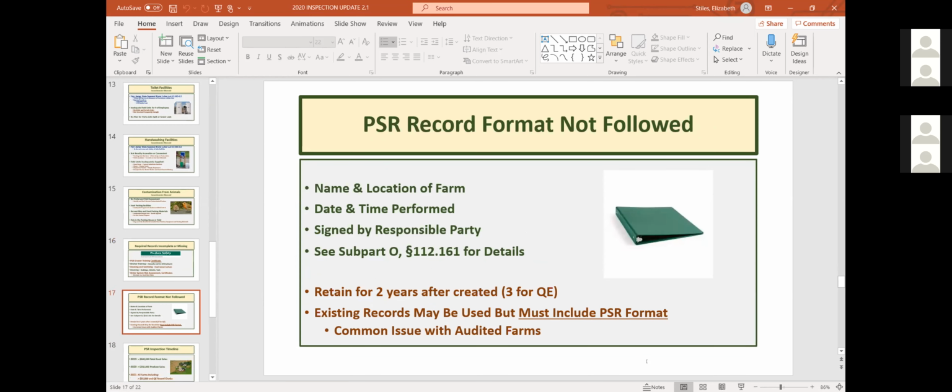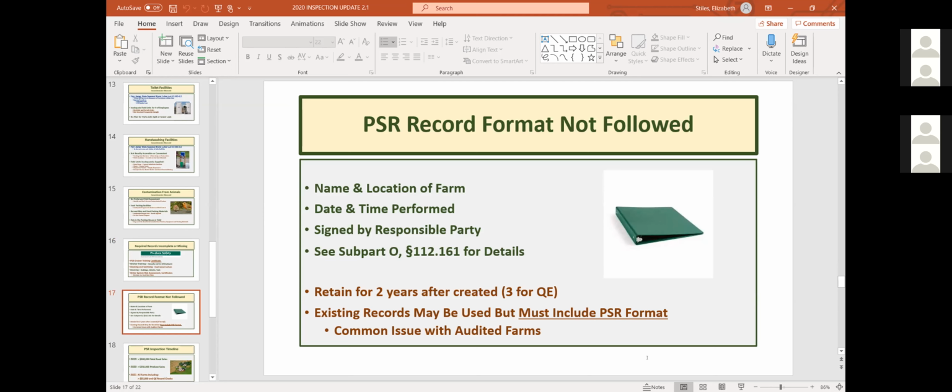This was interesting: the majority of the farms, and especially the ones with audits, had great records, at least some records, but they were missing the name and the location of the farm and the date and time the activity was performed. So the PSR record format is a little tricky, but if you look at that document I just referenced, it'll tell you how to create your records.